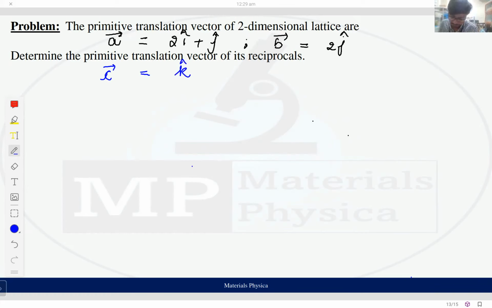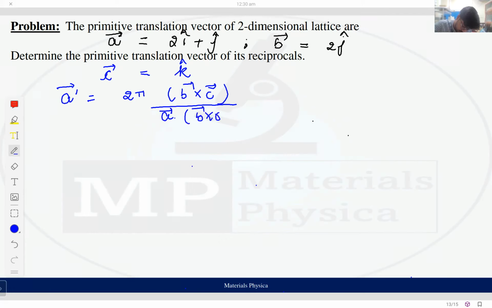And now we know that the primitive translation vector of its reciprocal is given as a dash vector is equal to 2 pi b cross c over the volume of the primitive cell, which is given as a vector dot b cross c.